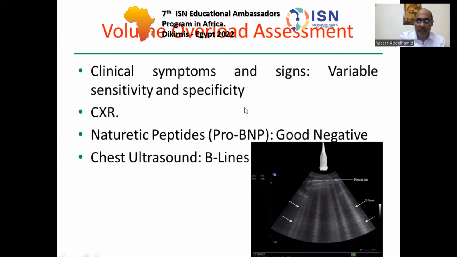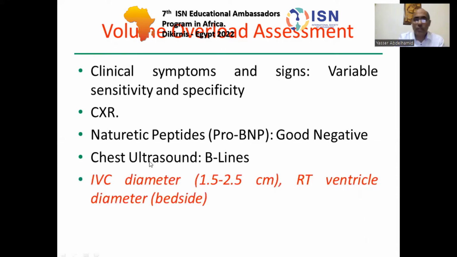Detecting B lines by chest ultrasound and also detecting IVC diameter: is it increased diameter or normal diameter, and the collapsibility of the IVC also is important. Is it collapsible or not? All of these signs, combining the use of chest ultrasound and the IVC diameter, can judge whether this patient is volume overloaded or not.